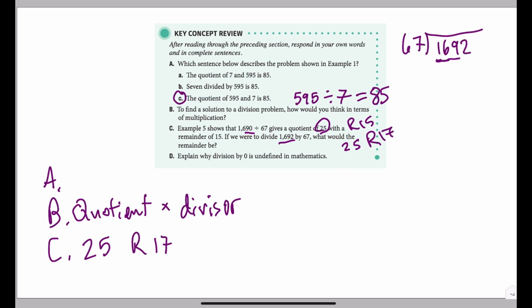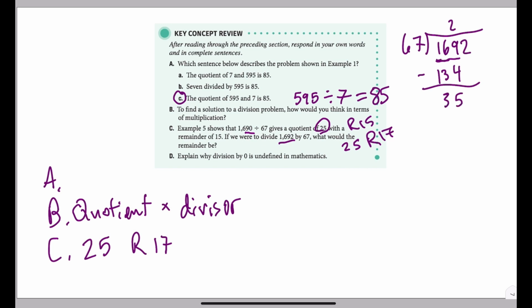Yes. 67 is close to 70. 2 70s would be 140. I don't think it'll go in 3 times. I'm going to put my money on 2 times. Because 2 7s is 14. And 2 6s is 12. And 1 more is 13. So that's 2 67s. Take that away.